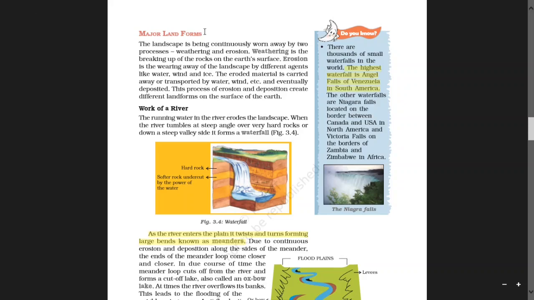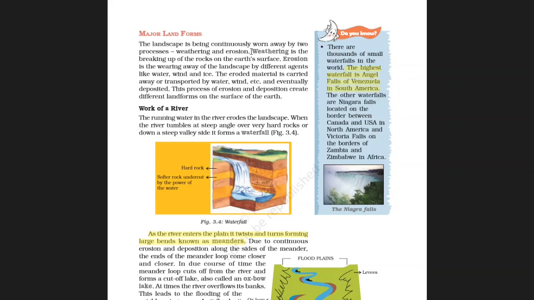Major landforms. The landforms are being continuously worn away by two processes: weathering and erosion. Landscape means visual features of an area of land. So the visual features of land are being continuously worn away, or broken down, by two processes.